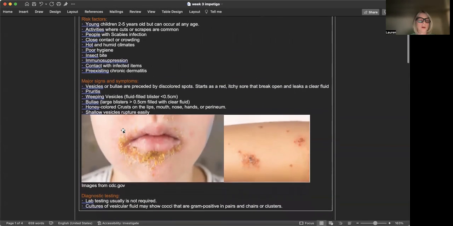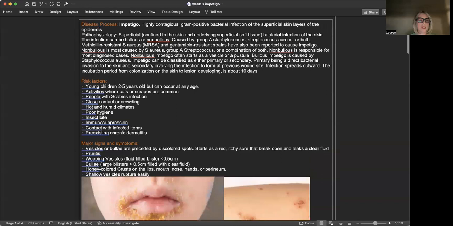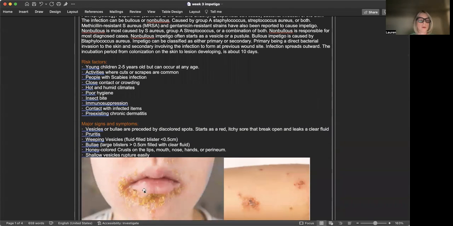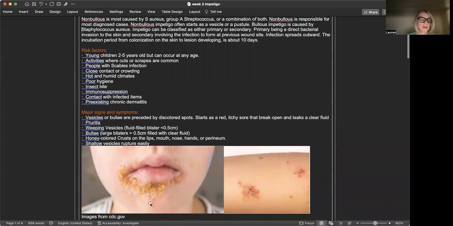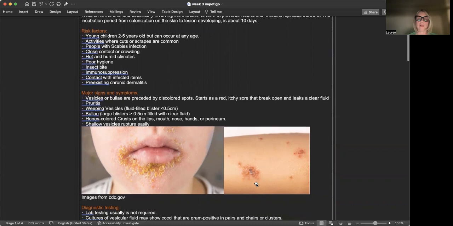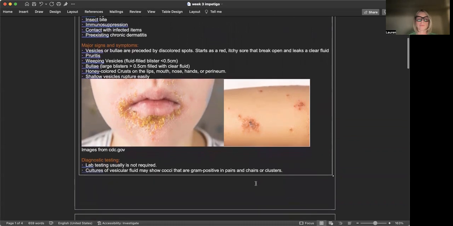As you can see below in the pictures, what I talked about above for non-bullous, where it will develop those honey-colored crusts on the lips, mouth, nose, and hands. It can start as red, itchy sores that break open and leak clear fluid.